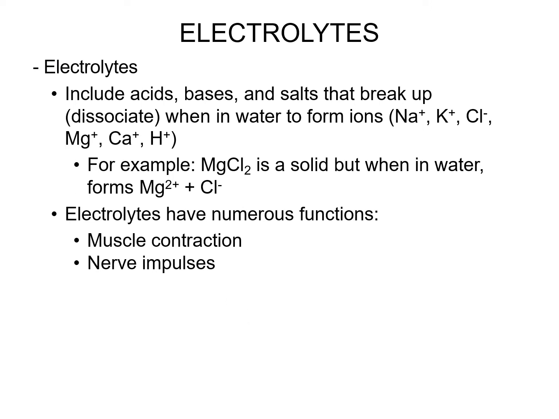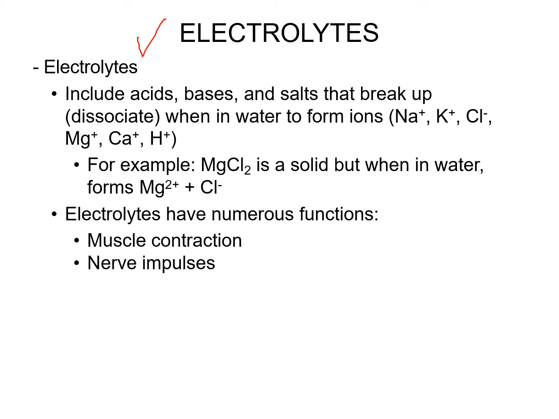So for the next 2 slides, we're going to be discussing specific types of inorganic compounds. Once again, very small compounds, and usually they do not have carbon associated with them. And electrolytes are very big examples of inorganic compounds.